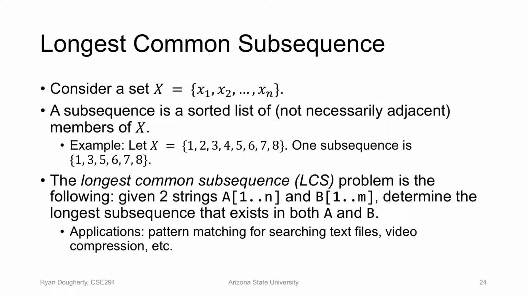They actually don't use this, but it's just a way of thinking about how to reduce the information that you need to transfer between two frames. It's also used for pattern matching, for searching text files.